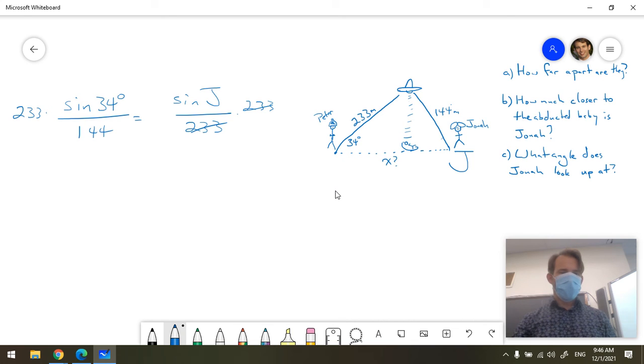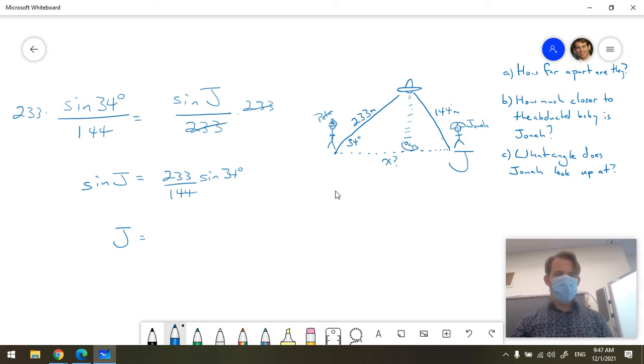So then, let's just write that out. Sine J would be equal to 233 over 144 multiplied by sine 34 degrees. Okay? And then I'm going to take the inverse sine of both sides.